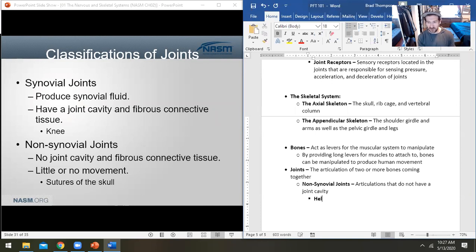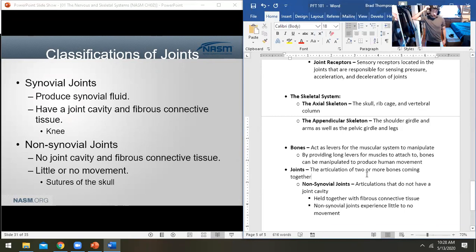They are held together with fibrous connective tissue. So they experience little to no movement. They're not going to experience a lot of movement here.